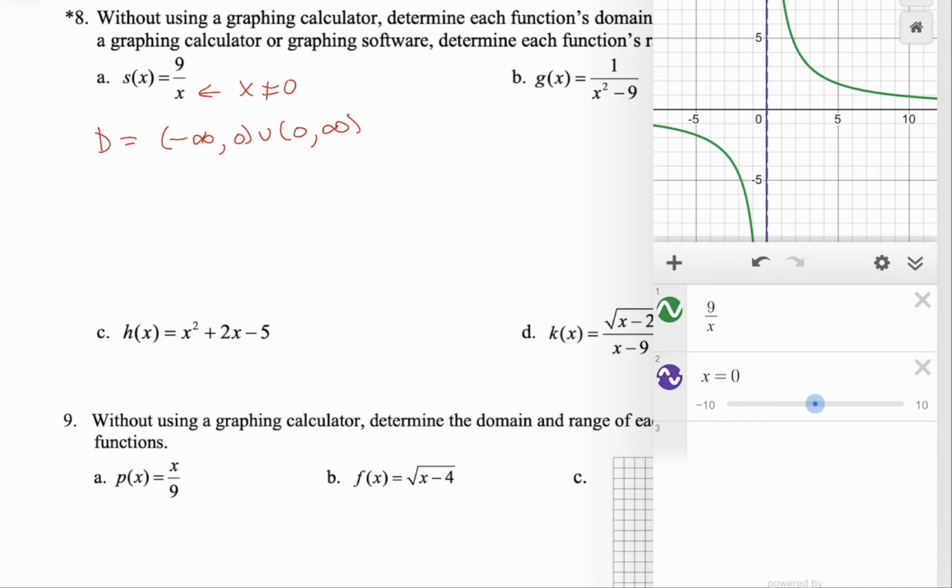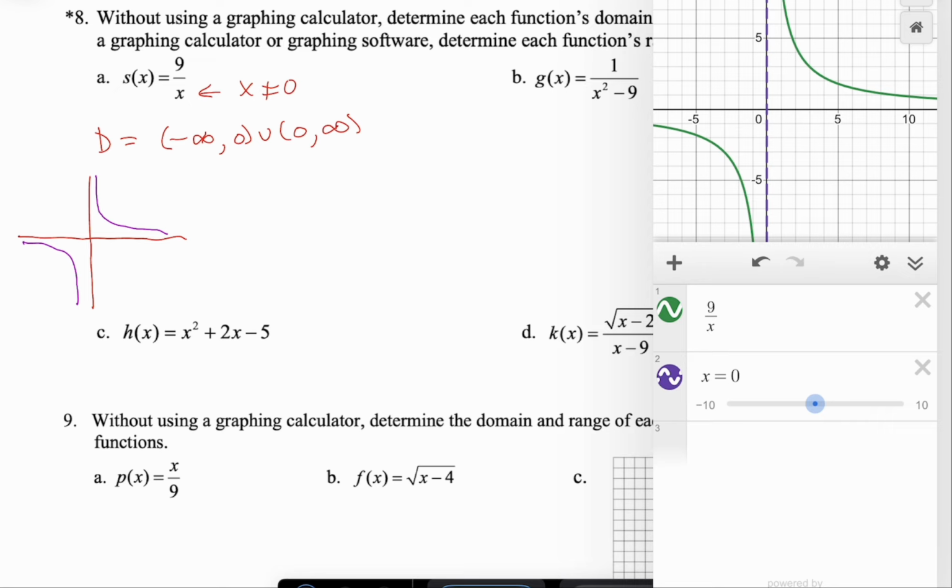Okay. Now it says to use the graphing calculator to tell us the range. So I am going to make a rough little sketch over here for us so that we can draw on it, okay?